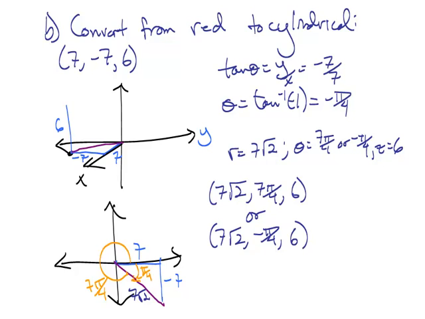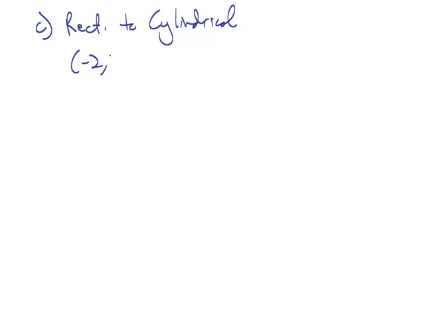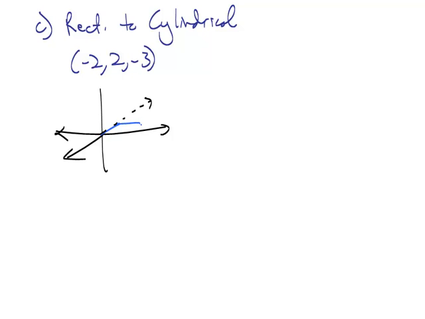Alright, let's look at one more example here of rectangular to cylindrical. Let's start with our rectangular coordinates of -2, 2, and -3. So this one, again, is actually pretty similar. Here we're going to go -2 in the x direction, so my x extending out that way, +2 in the y direction, and -3 in the z direction.